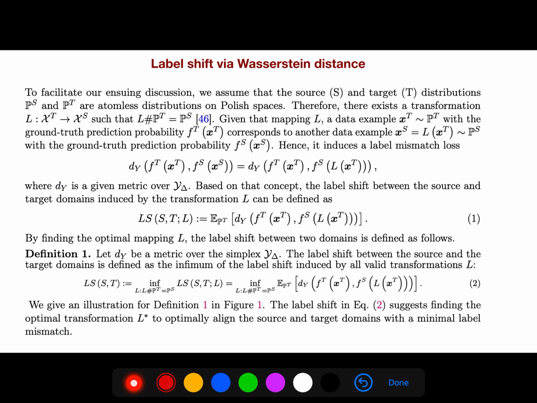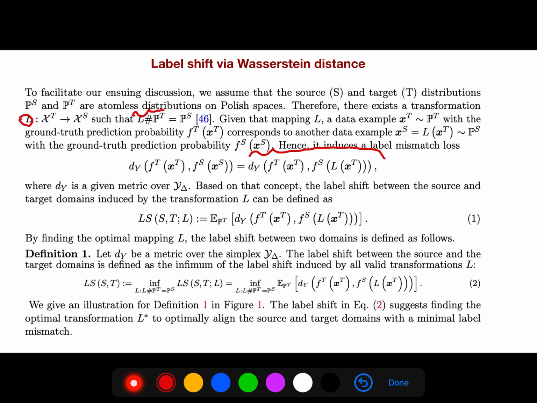So we have this label mismatch between source and target. So we say that there exists a transformation L from your target to the source.